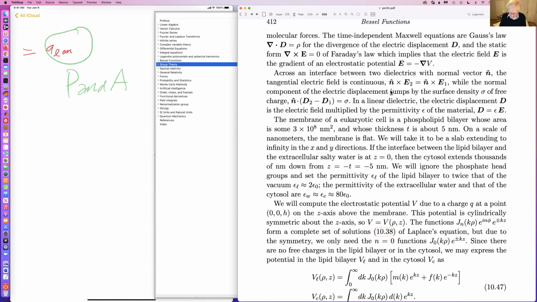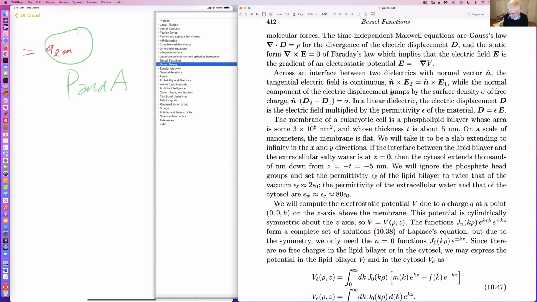There's a 10 to the minus 9 in the denominator because it's nano, and then there's a 10 to the minus 3 because it's millivolts. So that's basically 10 to the 5th volts per meter.